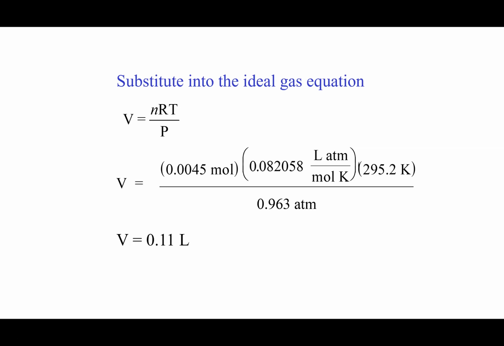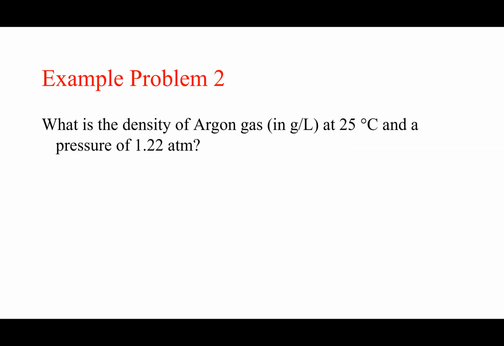Liters, yep, units will be liters. So I get 0.11 liters. That's it. Unfortunately, they aren't all that straightforward. I wish they were. That's more like an intro to Gen Chem problem.